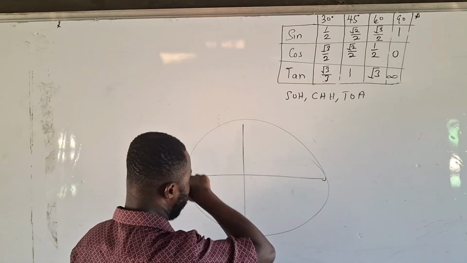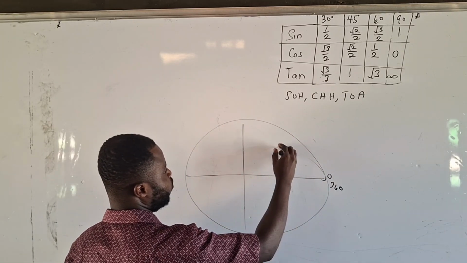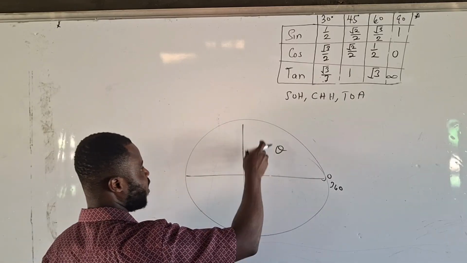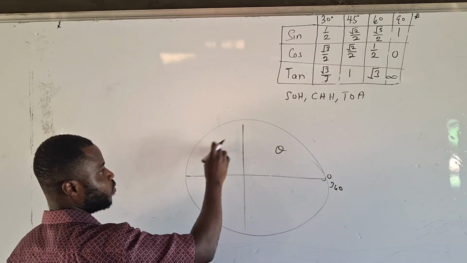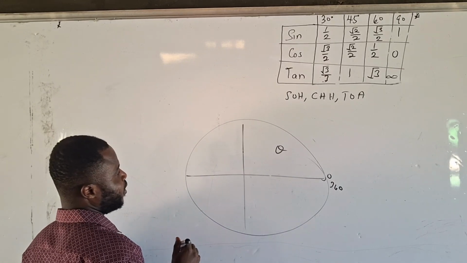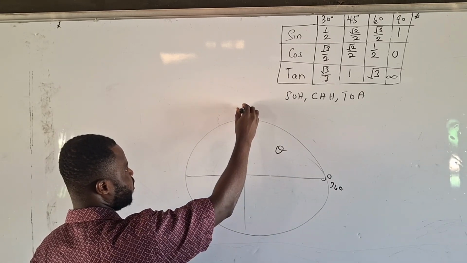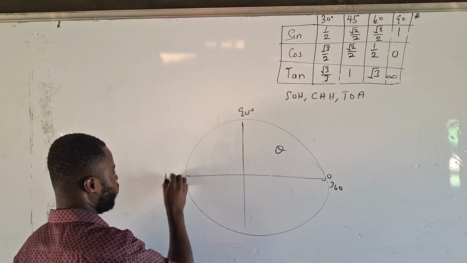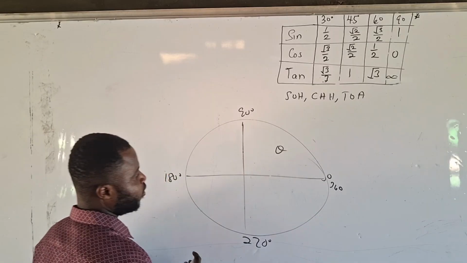I'm going to do that with the same principle. So here is 0 and 360. So any angle here is positive. Now if you want to know the angle here, which is 90 degrees, here 180, 270, and here 360.